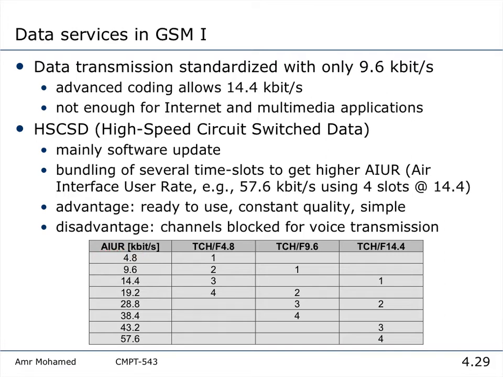So this air interface user rate, if you use one physical channel, corresponds to maybe 1 time slot or 2 time slots maximum. So this will give you a rate of 4.8 kilobits per second. But if you use 2 of these physical channels as one logical channel, then you can have up to 9.6. If you group 3 of them, then you can have 14.4.